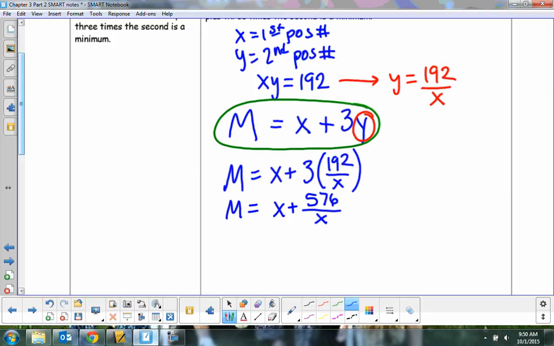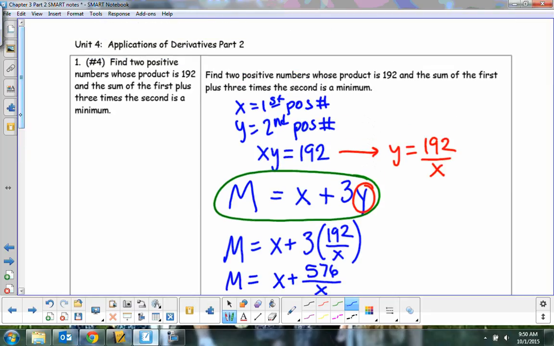What's one of the other steps that I said that we probably want to think about as we're doing this? A what? A domain. So I know as I'm doing this, I want x to be what? Okay, so x has to be greater than 0, and y is going to have to be greater than 0, because it said they were positive numbers.